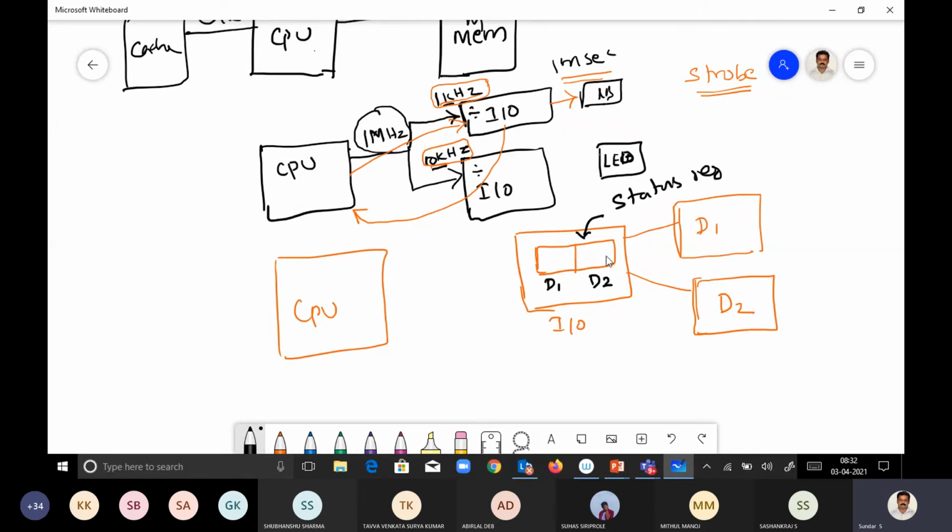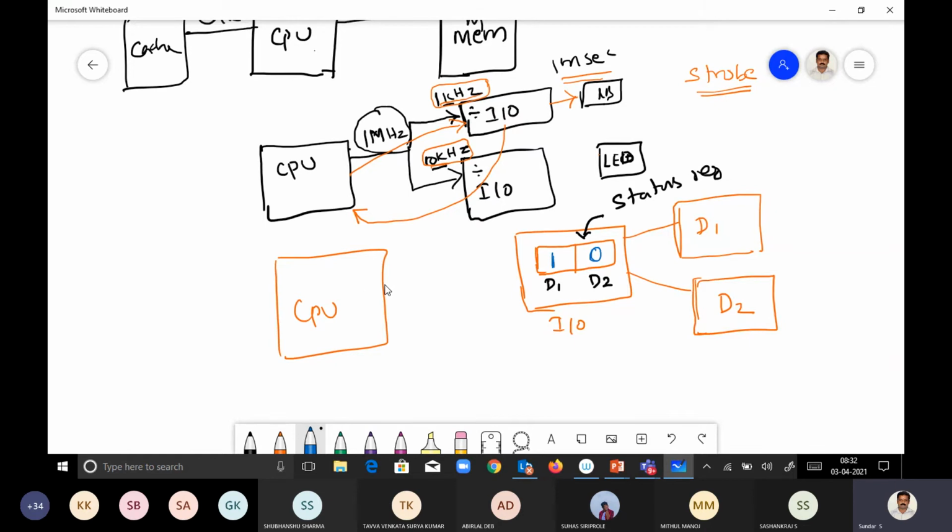Suppose the CPU wants to talk to device 1. Let us assume if the bit is 1, the device is ready, and if it is 0, the device is not ready. It is the duty of the IO interface to check whether the devices are ready or not. Accordingly, this IO model sets 1 or 0 in its status register.